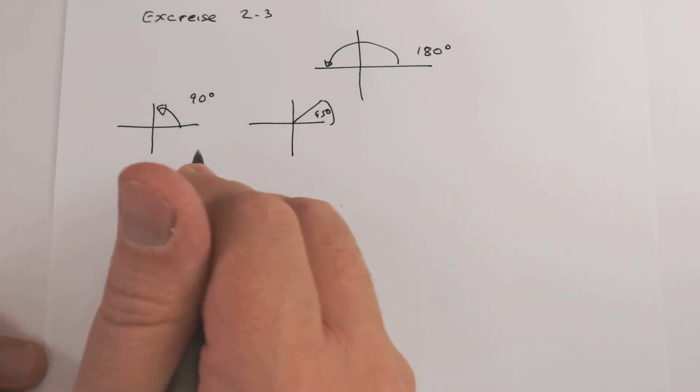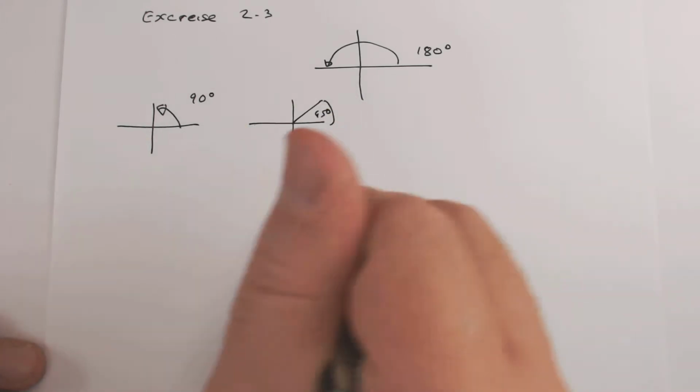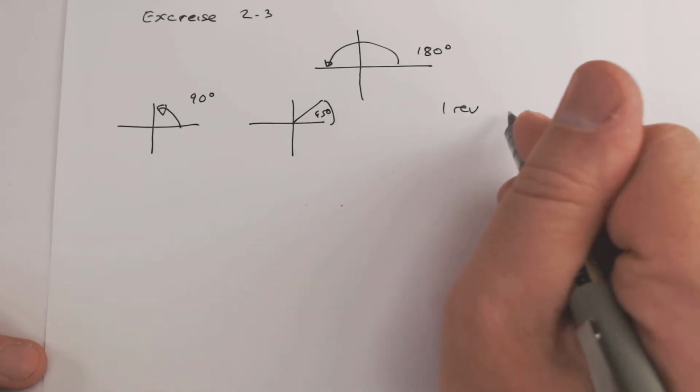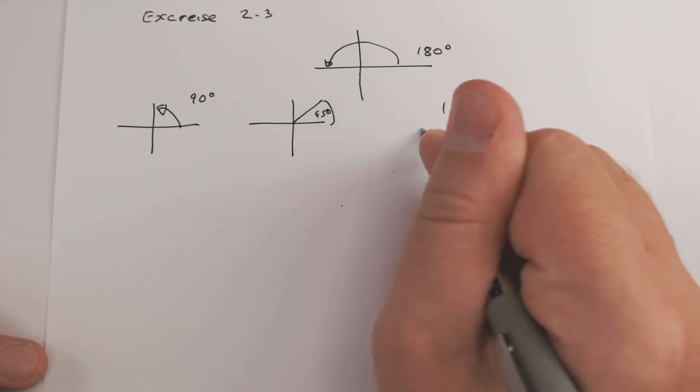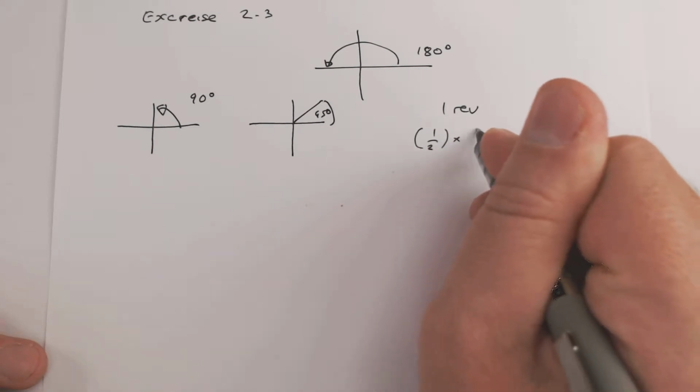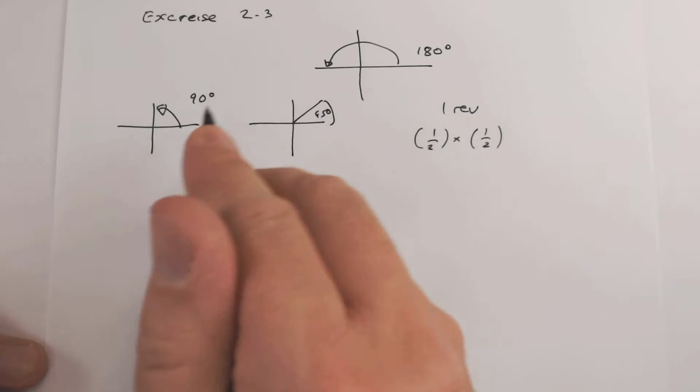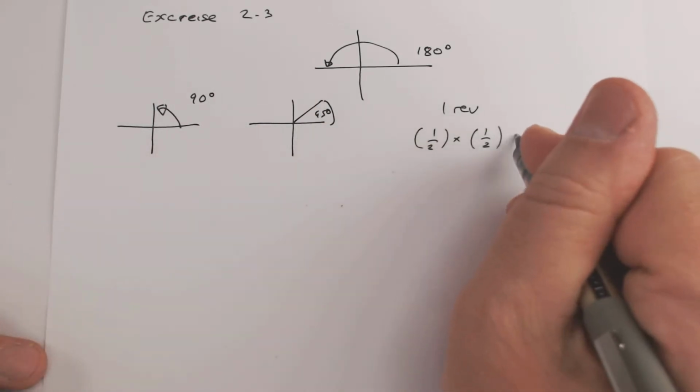So for my one revolution there, I've halved it. I've halved it again, and I've halved it, so that's once, twice, 3 times.